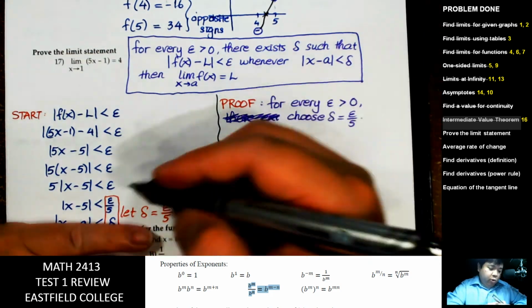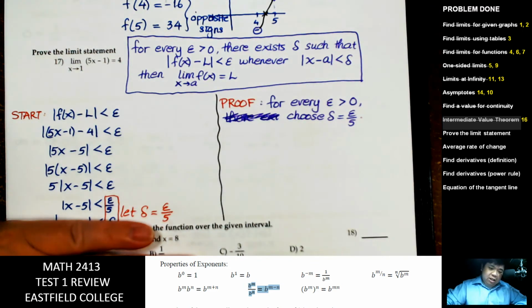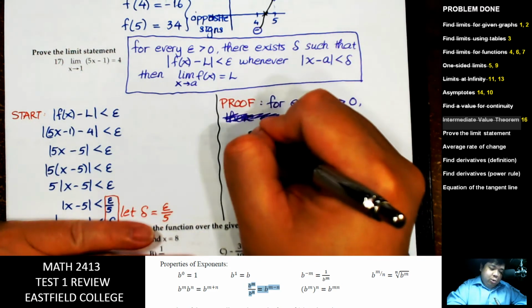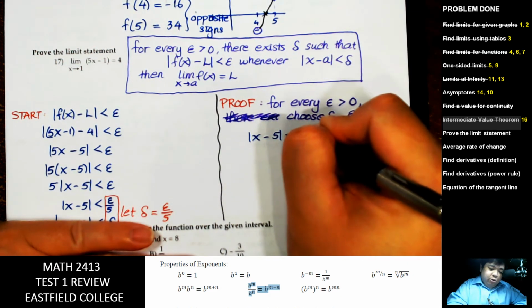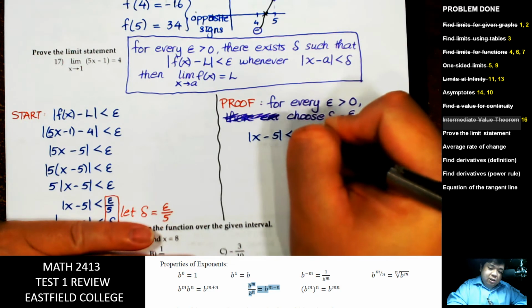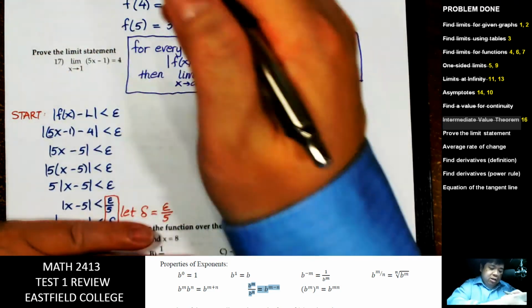and then we go from this, we go back, we write this in reverse. So we start with |x - 5| less than epsilon over 5, and we go back step by step.